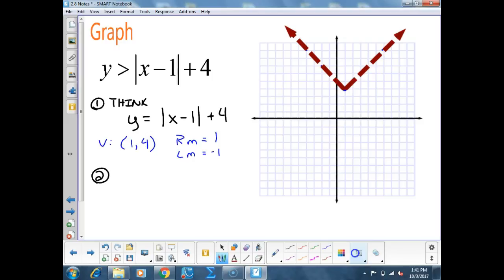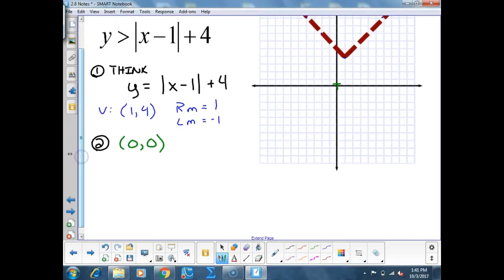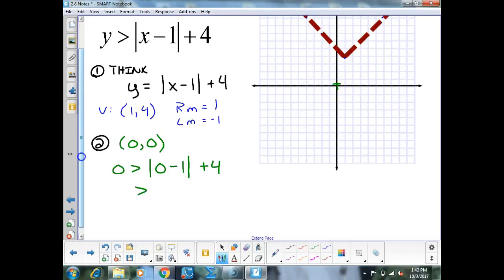Test point. Do we go through the origin? No. Origin's way down here. Okay. So we can test the origin. 0 is greater than the absolute value of 0 minus 1 plus 4. 0 minus 1 is negative 1. The absolute value of negative 1 is 1. 1 plus 4 is 5. Is 0 greater than 5? No, that is false.